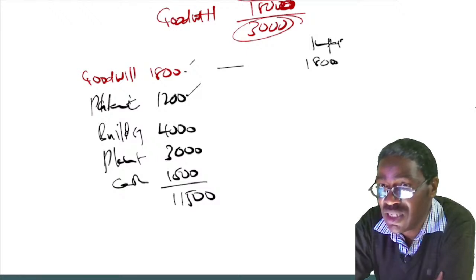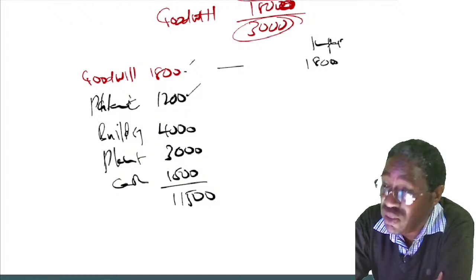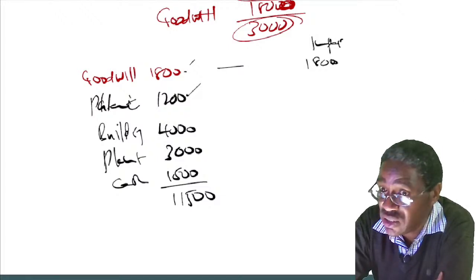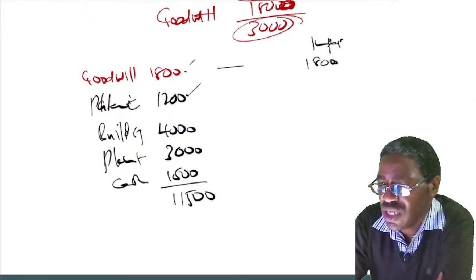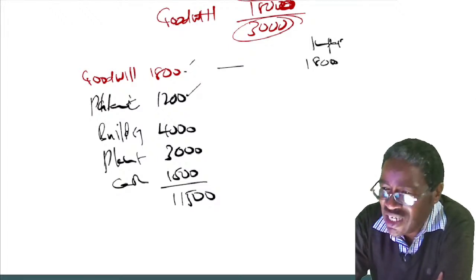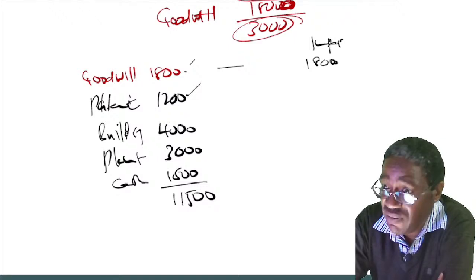Then I was supposed to allocate the balance of 3 million to the other assets in the unit. Listen carefully. Already the question told us cash is already stated at its fair value.